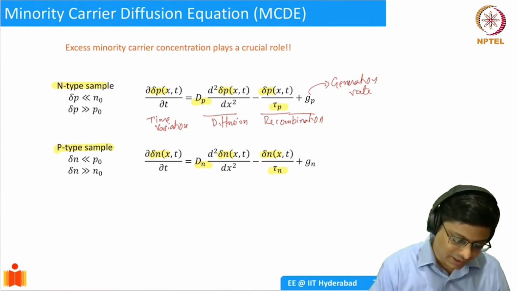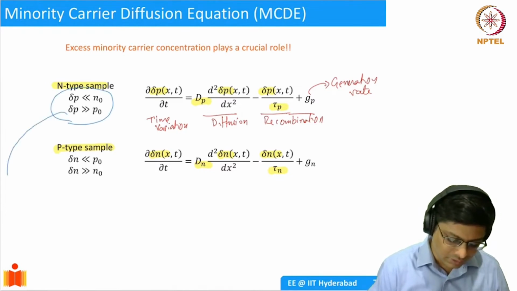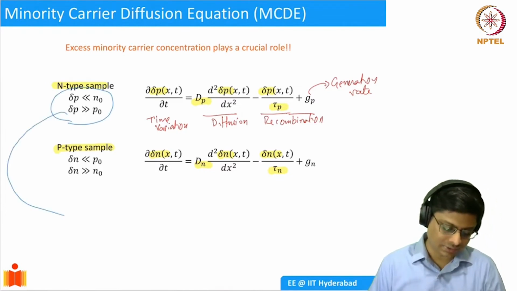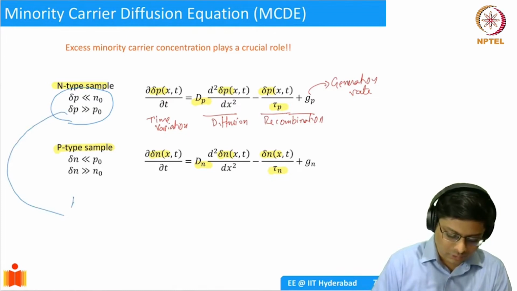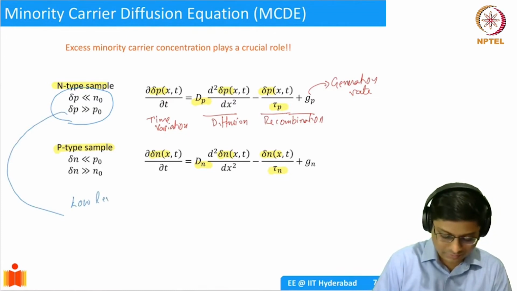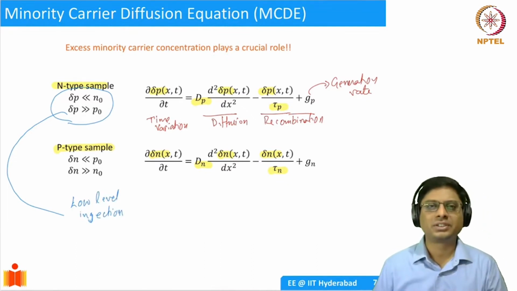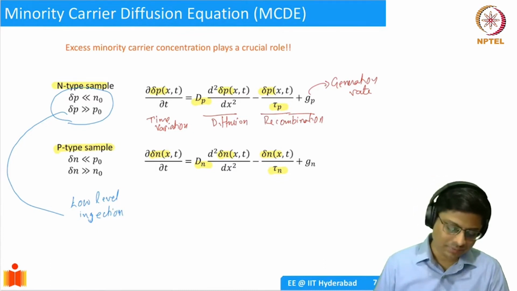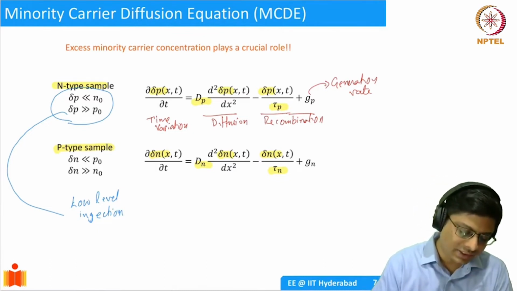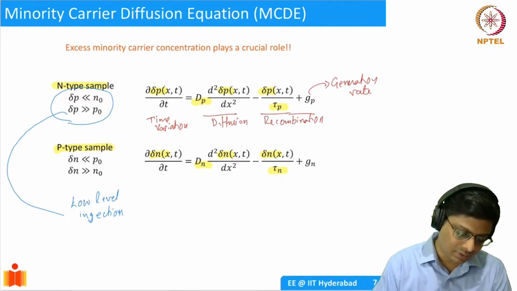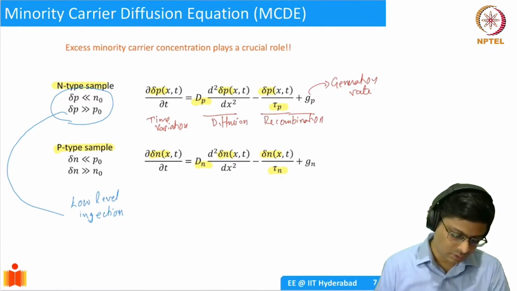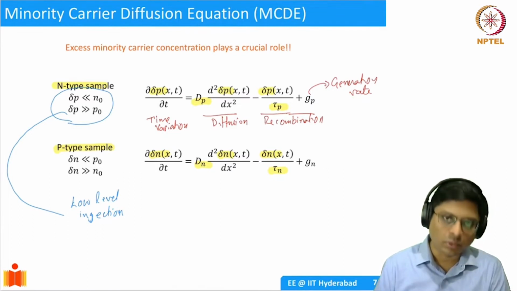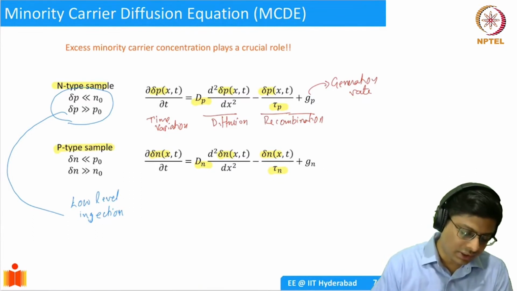This equation is valid essentially for what we call low level injection. By which I mean that the stimulus that is introducing these excess minority carriers is such that the minority carrier density itself is quite small compared to the majority carrier density.